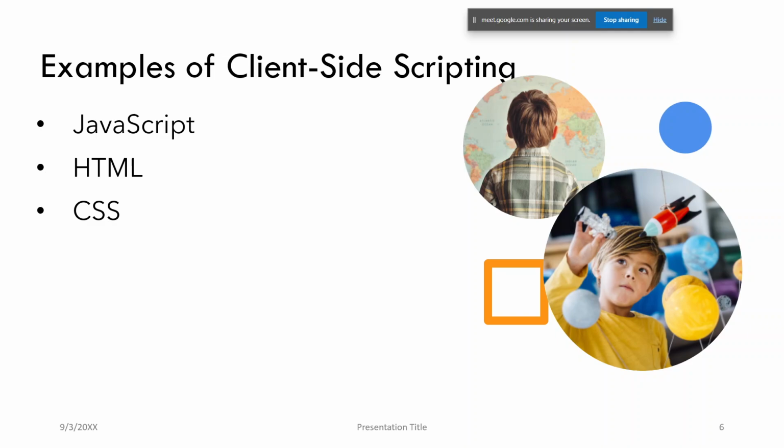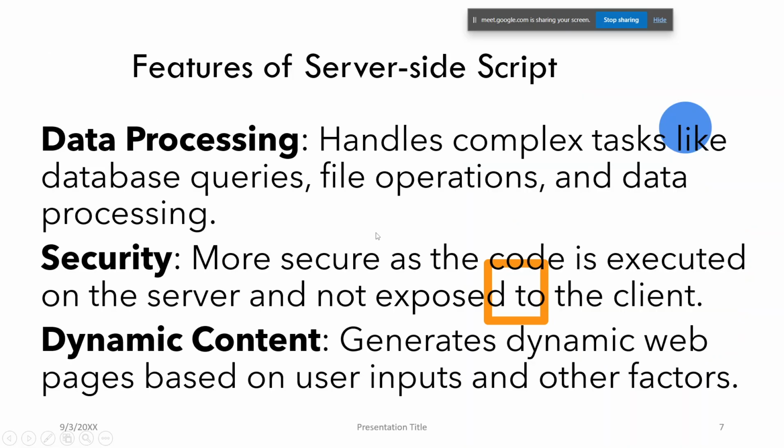If you develop a website using JavaScript, HTML, CSS, and Bootstrap, that is called a static website. It will show the same content to each and every user visiting our website. Same content will be visible to all the users. That is said to be a static website. So these are the examples of client side scripting.